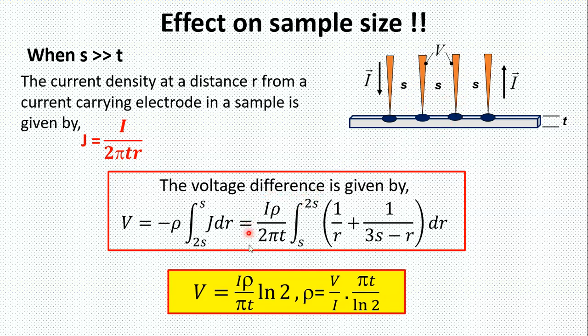If we calculate this simple integration, you find V equal to I rho divided by pi t into ln2. From there you can calculate the resistivity of the sample, that is rho equal to V divided by I into pi t divided by ln2. So this is the resistivity formula for a thin sample using the 4 probe measurement process.